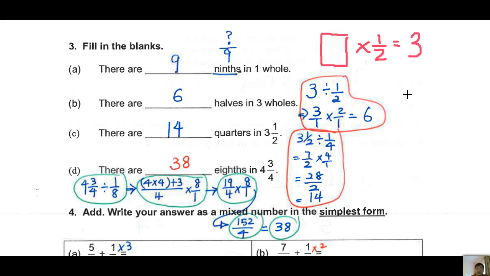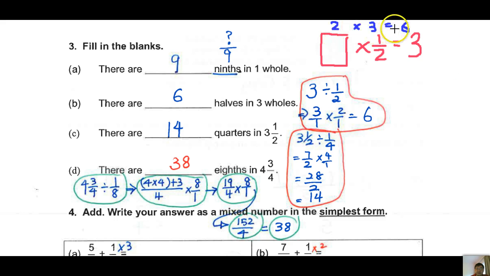Now the thinking is like this. Just imagine, for example, 2 times 3 gives you 6.